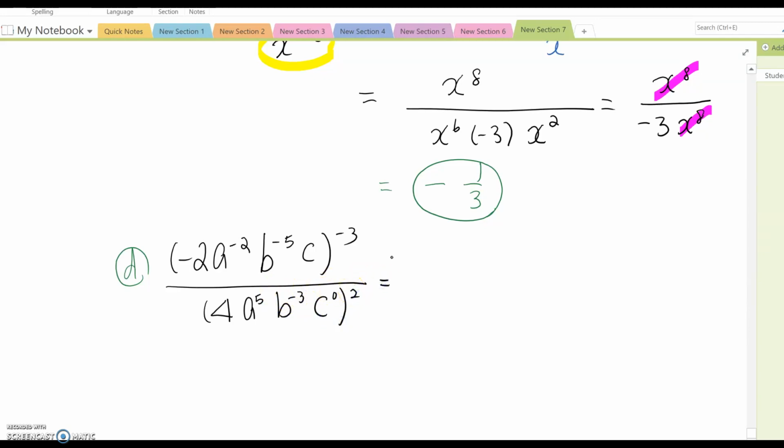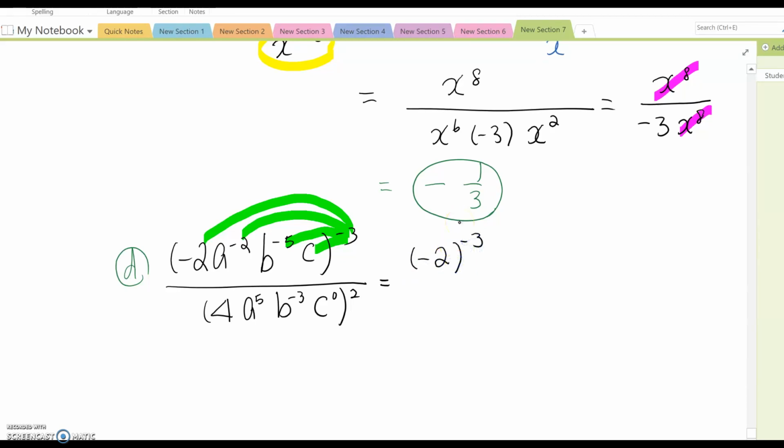So now you see it's very complicated, but just follow step by step, then you will be fine. First of all, you are distributing this exponent for every factor. Okay? Then this is going to be negative 2 to the negative third.